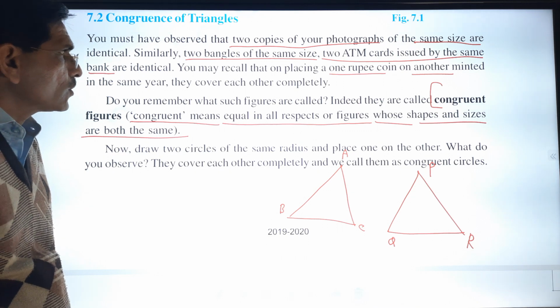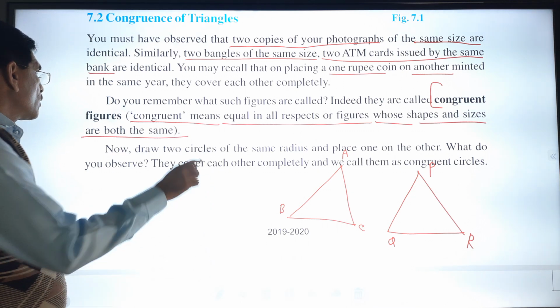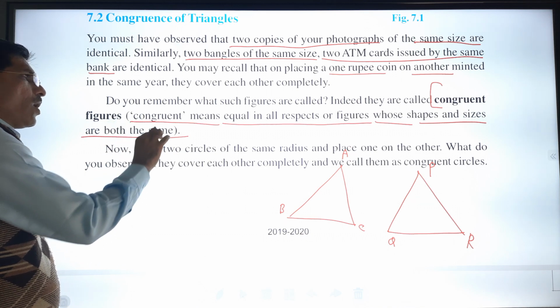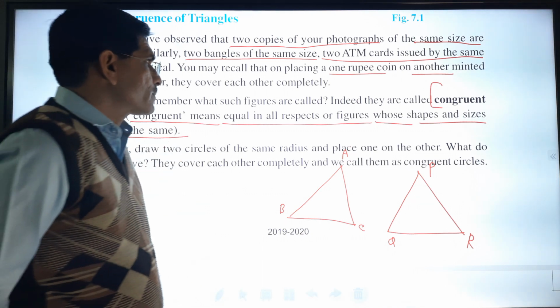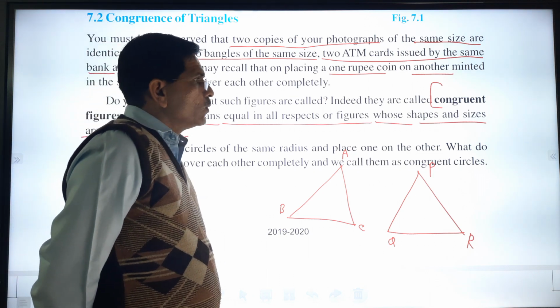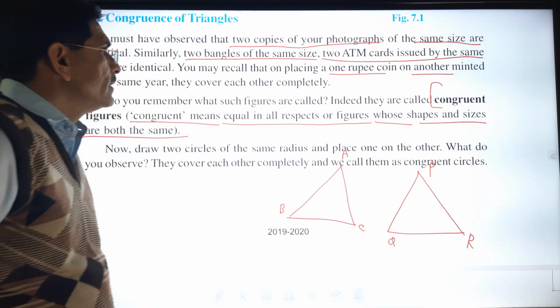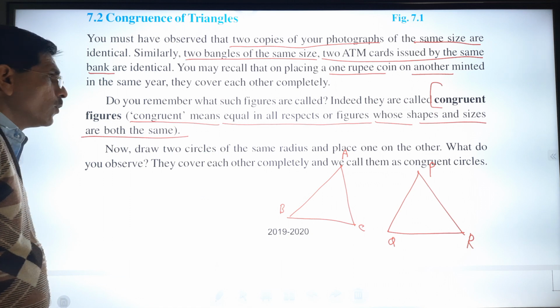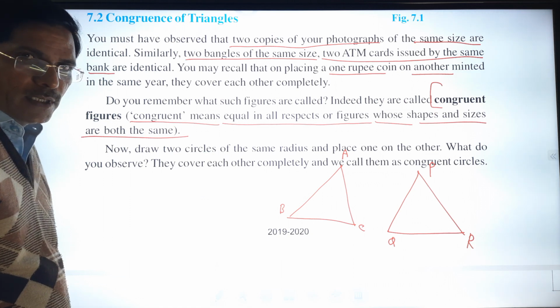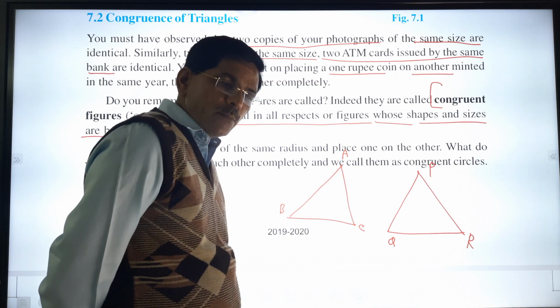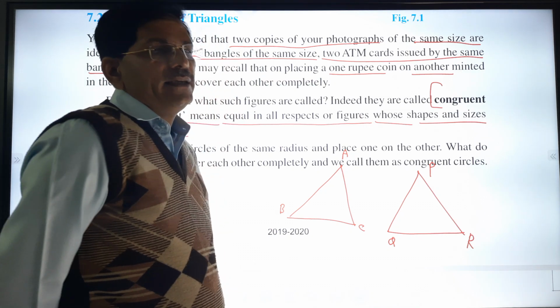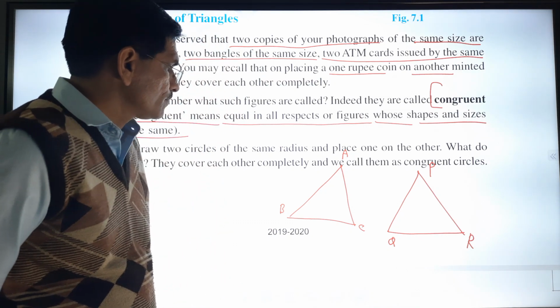What is the meaning of congruent? Congruent means equal in all respects, or figures whose shape and size are both the same. We can say it is congruent.